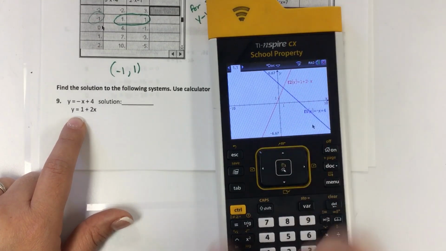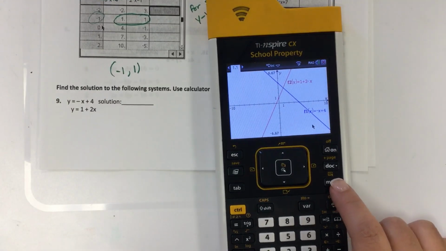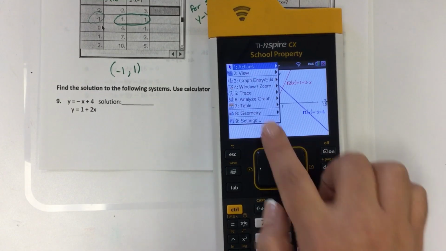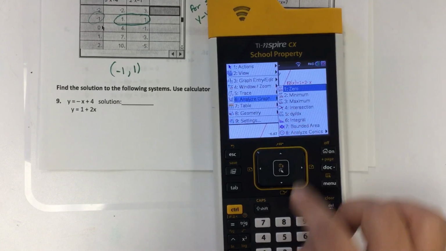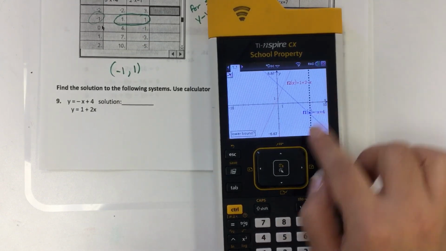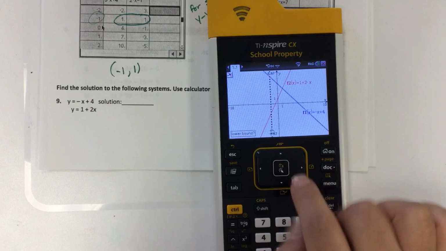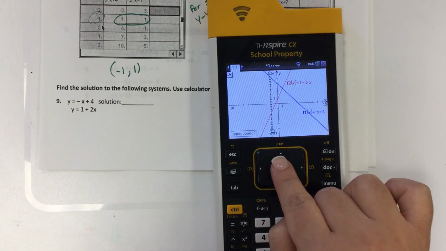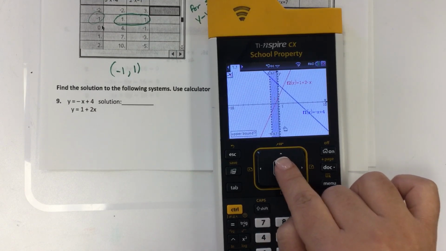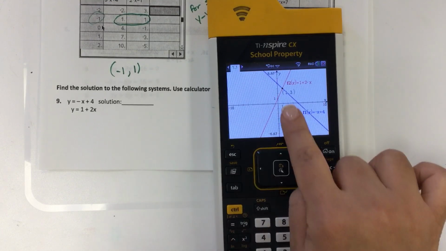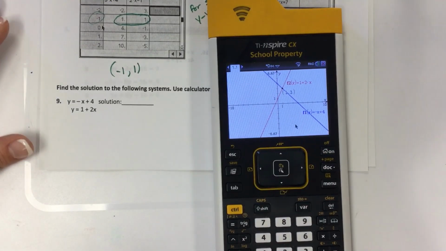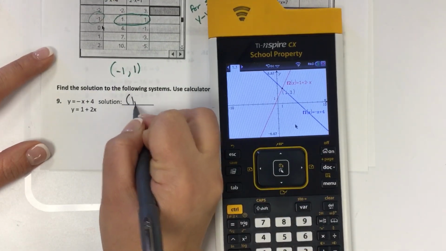So here I can see where they're crossing. I can verify it by going to Menu, Analyze Graph, option 6, Intersection, which is 4. We get our vertical line. I go to the left, I press that center keypad button down, and then I scroll over, and I press that center button again, and I can see my coordinates are 1, 3. They cross at 1, 3.